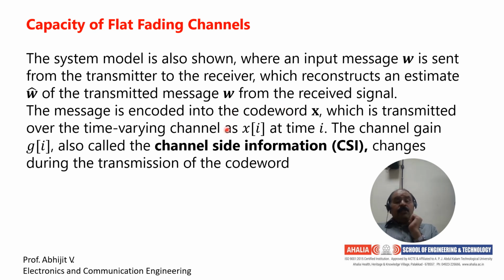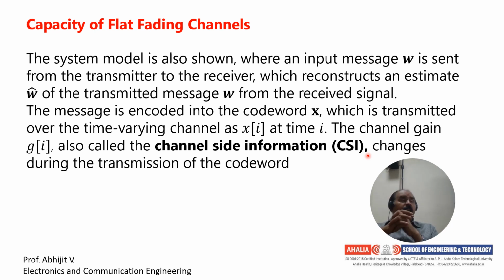The message is encoded into the code word x, which is transmitted over the time varying channel, x of i at time i. The channel gain g of i is also called channel side information or CSI, and it changes during the transmission of the code word.